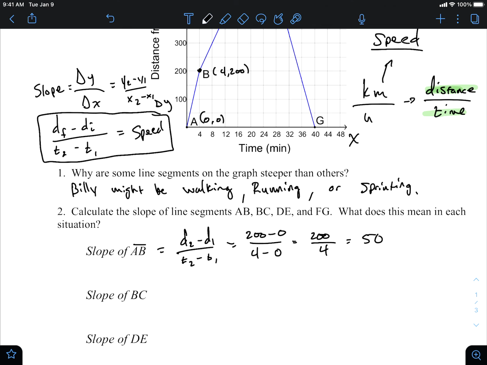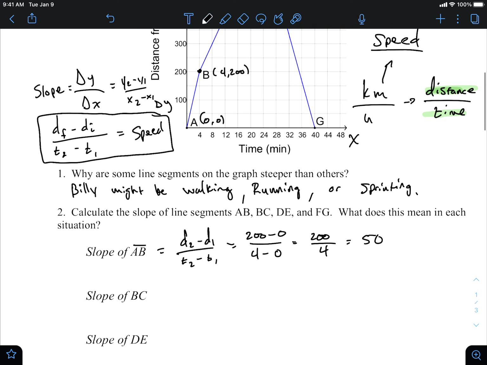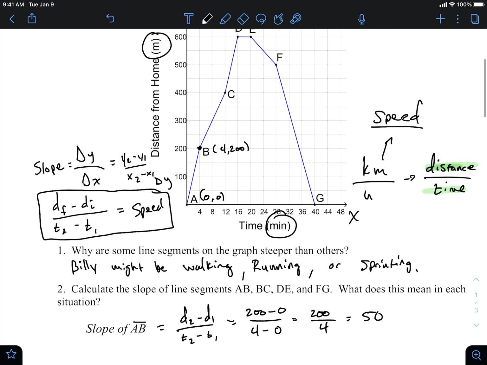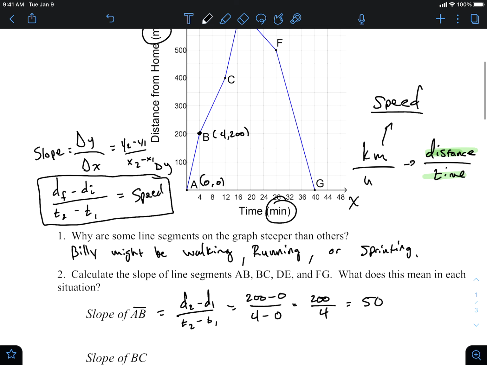And where do I get my units from? They're right here on the axes. Distance is in meters, and time in this particular question is measured in minutes. This whole time, maybe we should have been writing units in. Not a big deal that we didn't. But be careful that on top, for distance, we have meters, and on the bottom, we have minutes.